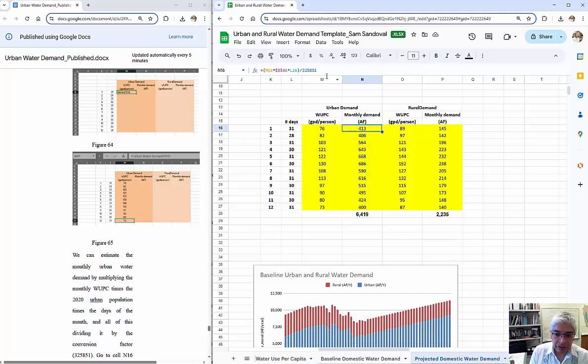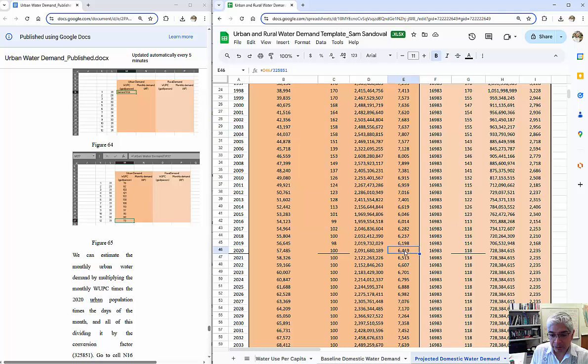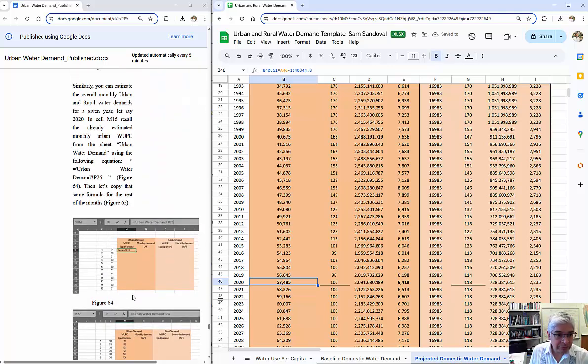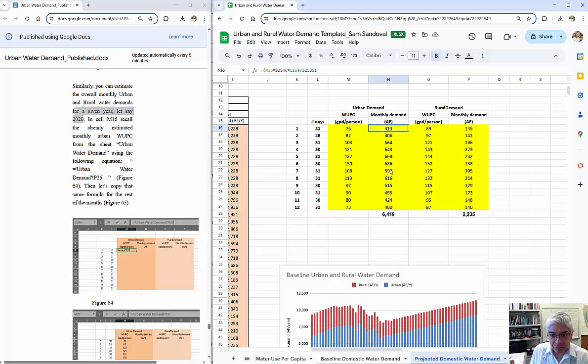This value should be similarly not equal to this one, which is the water demand on 2020, the annual demand on 2020 for this specific year, because we were using the year 2020 for estimating this specific monthly distribution.